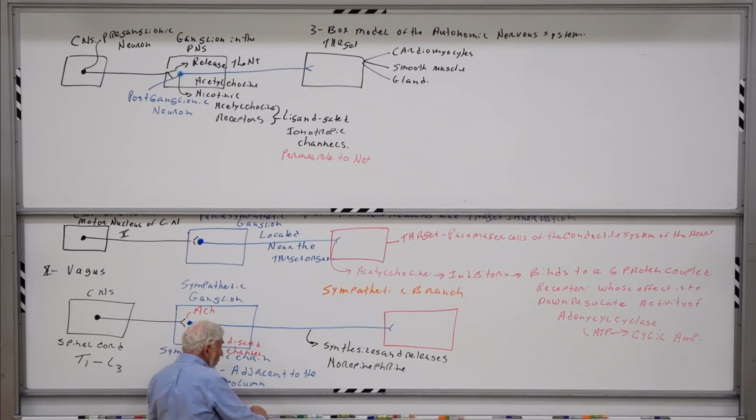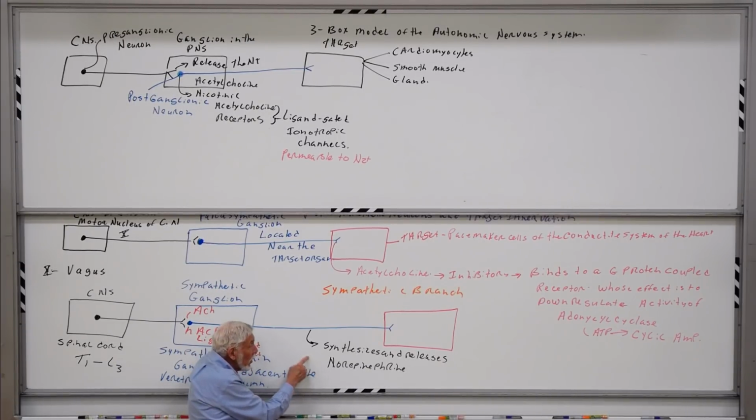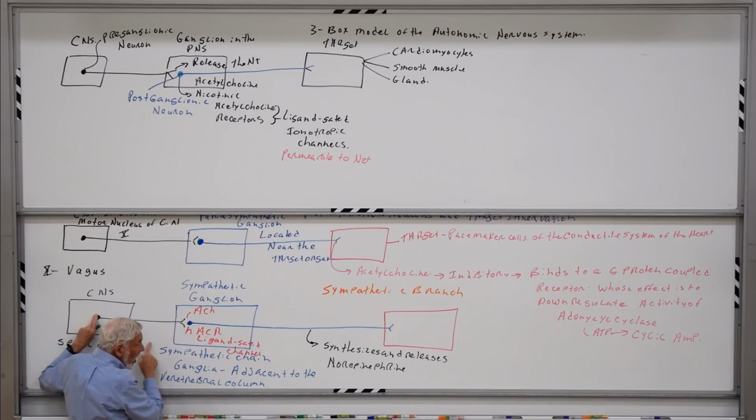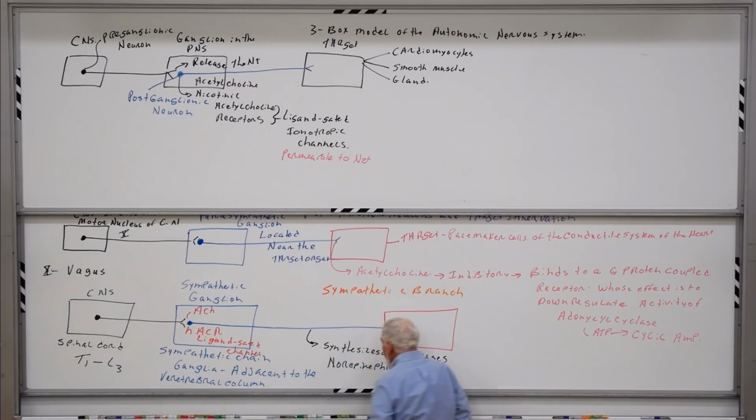Norepinephrine is one of these molecules that's derived from tyrosine. Again, we mentioned it in the endocrine system. The norepinephrine is one of the major neurotransmitters here in the central nervous system and also here in the peripheral nervous system as part of the sympathetic branch of the autonomic nervous system. So the neurotransmitter here is norepi.